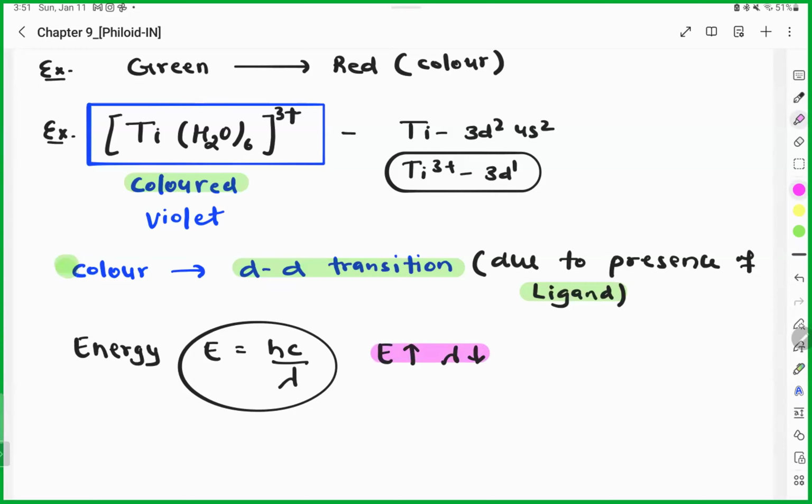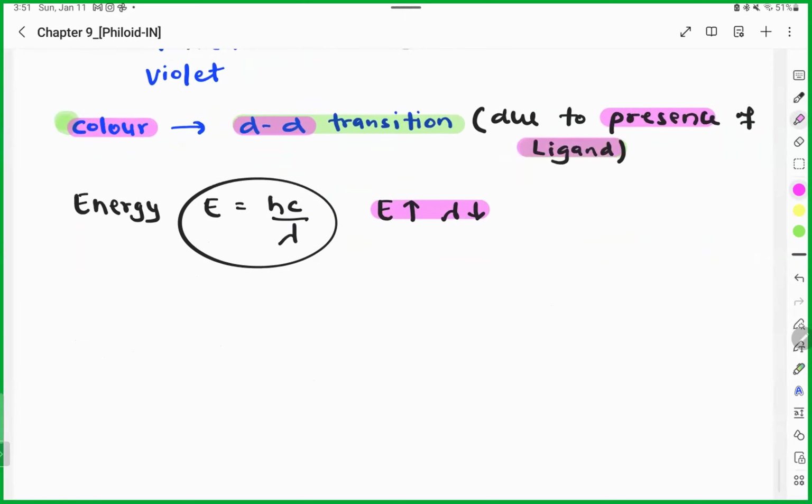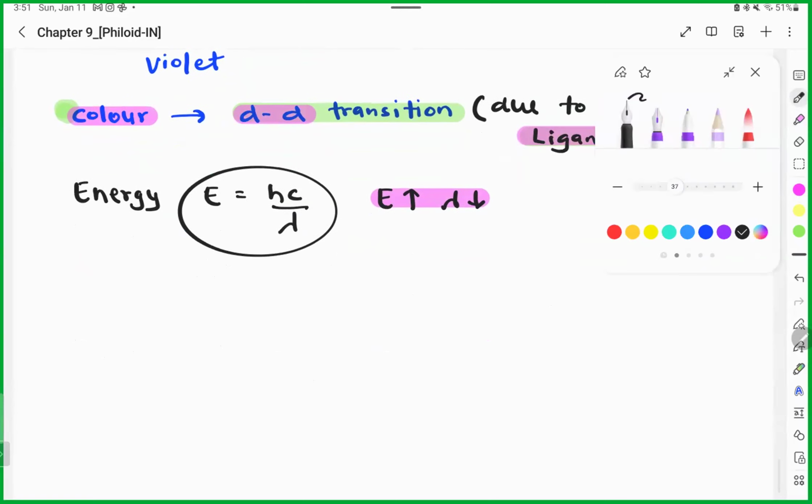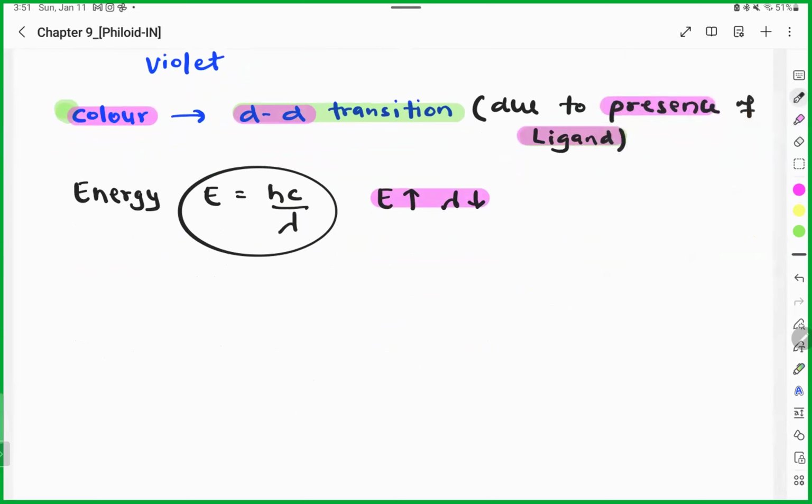So we said there is a color of the compound due to d-d transition and due to presence of ligand. It means if no ligand is present in the system, no color. As simple as so. Ligands are responsible for color.